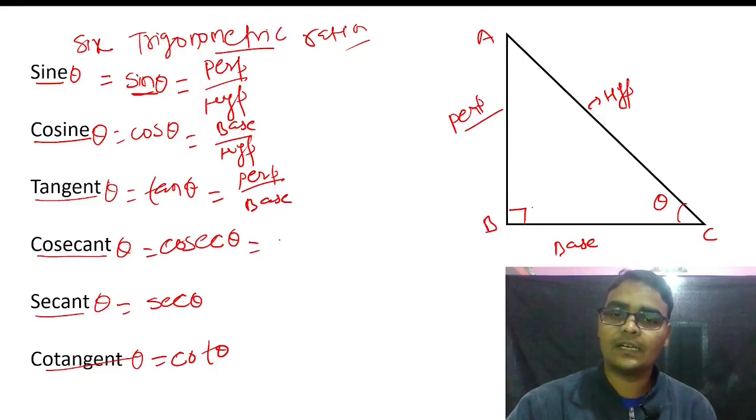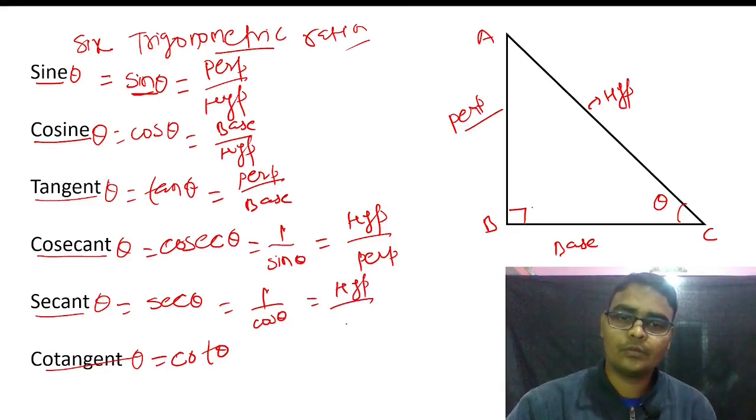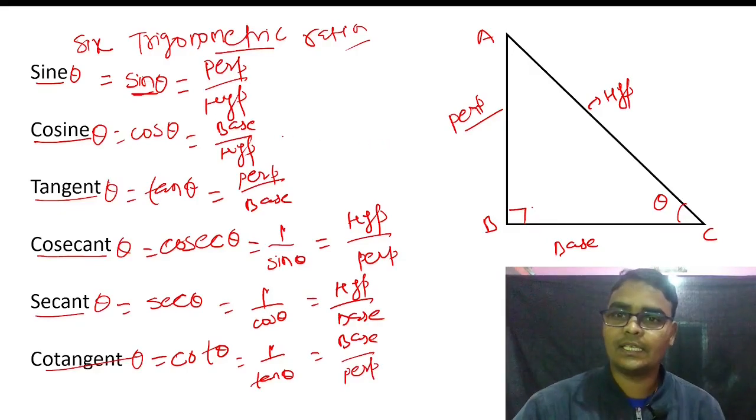Cosec theta we write as 1 upon sin theta as well as hypotenuse upon perpendicular. Sec theta is 1 upon cos theta, and hypotenuse upon base. Cot theta we write as 1 upon tan theta and base upon perpendicular.